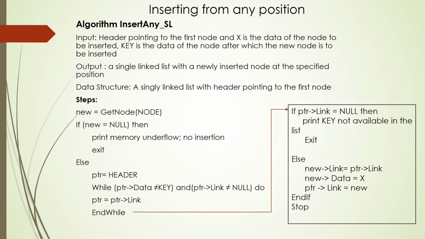So if we talk about the third node, you should have the data value of the third node so that you can make the new node the fourth node of the modified list. The output will obviously be the singly linked list again, with the newly created node added at the specific position. The data structure remains the same, a singly linked list.